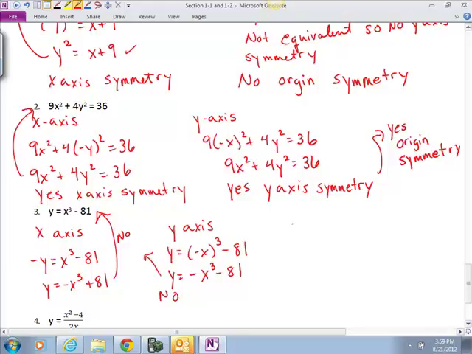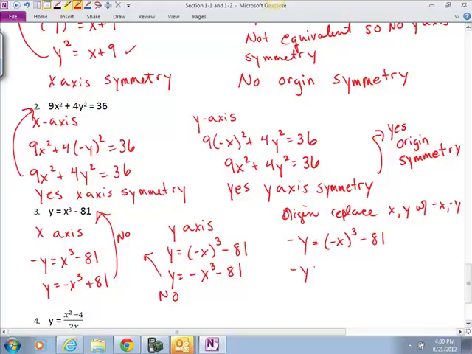Now let's replace with negative x and negative y. So for origin, we're going to replace x, y with negative x and negative y. All right, let's see what happens. We'll have negative y is equal to negative x cubed minus 81.